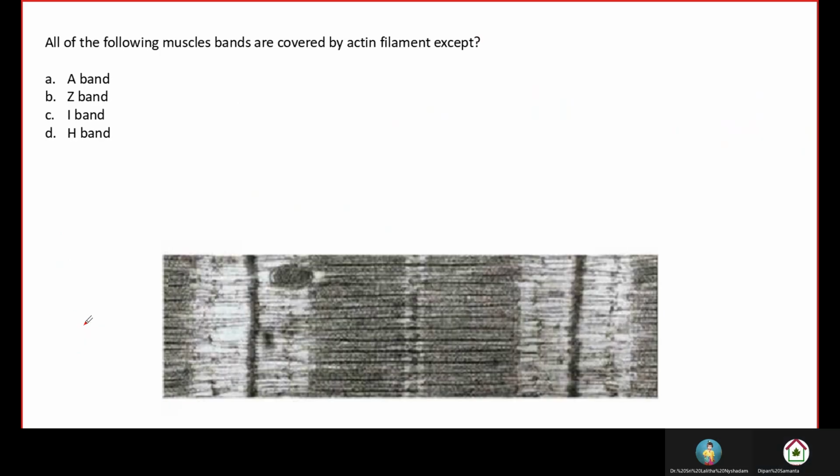Okay. Next is: all of the following muscle bands are covered by actin filament except A, Z, I, and H. Very important question.